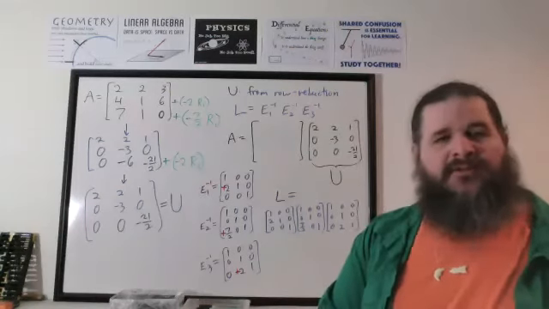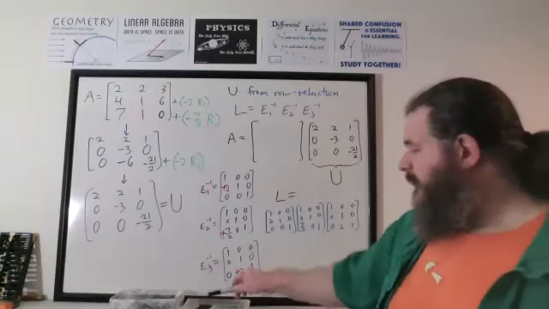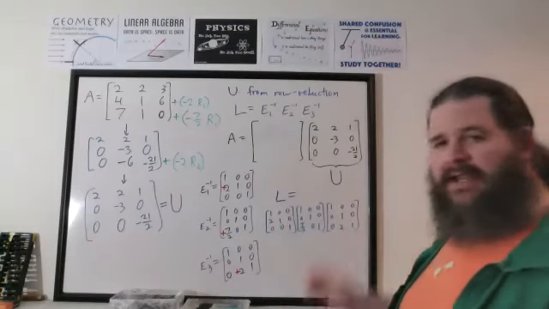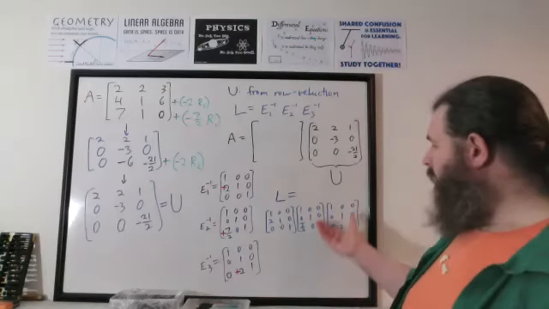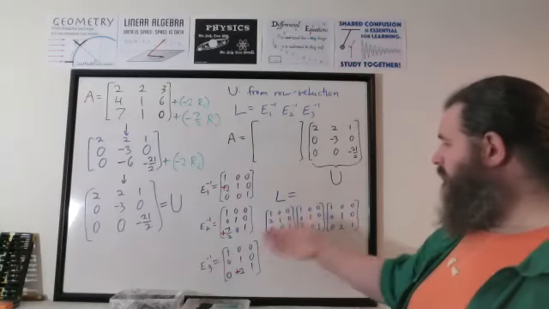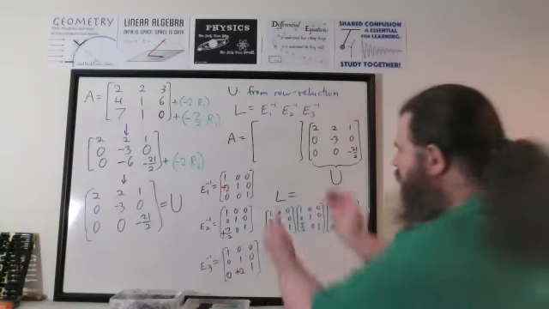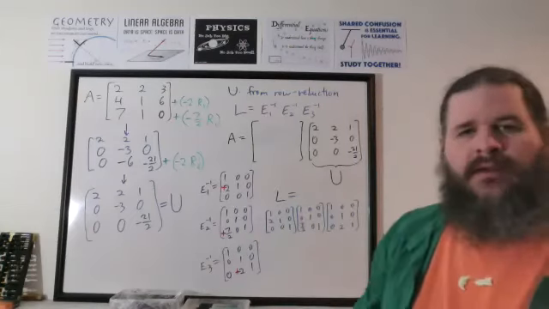And since we have three matrices multiplied together, you can use the associative property. You can multiply 1 times 2 first, and then multiply that result times 3. Or you can multiply 2 times 3 first, and then multiply E1 times that product. So you can't rearrange the order, but you can choose which pair to combine first.